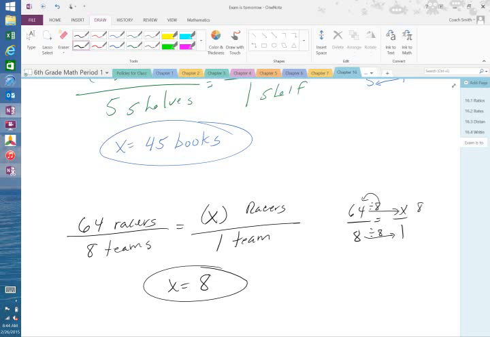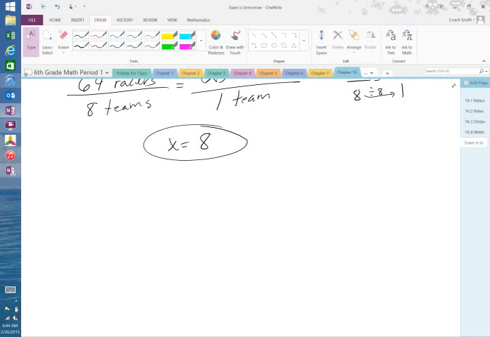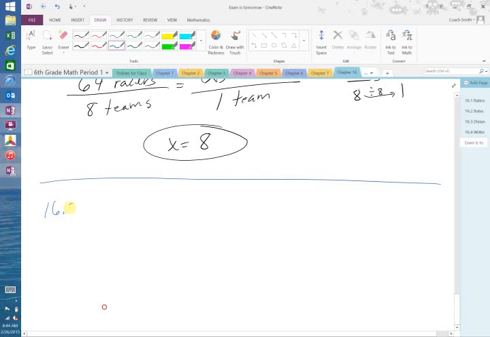All right, now that gets us to 16.3. 16.3 was distance, speed, and time.